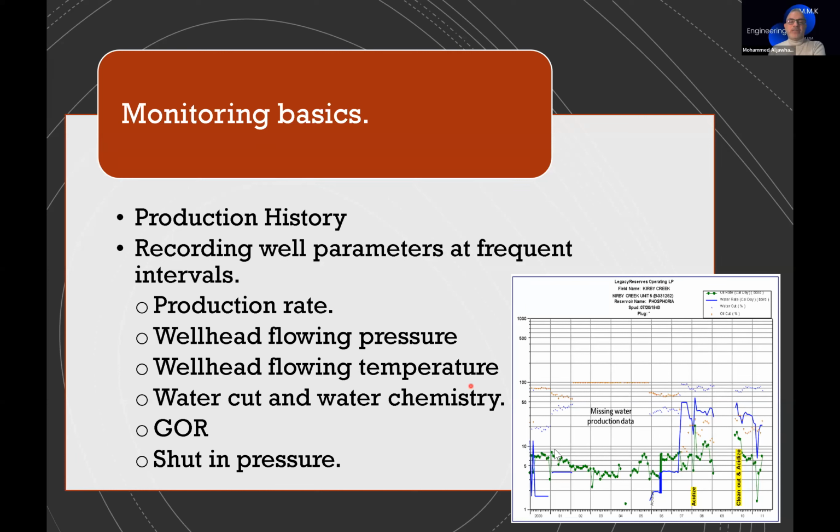So production rate, wellhead flowing pressure, for example, wellhead flowing temperature, water cut, and water chemistry from the labs when we have, as we said, proper sampling data, GOR, shut-in pressure, etc. So each point gives us an indication of where the problem is.